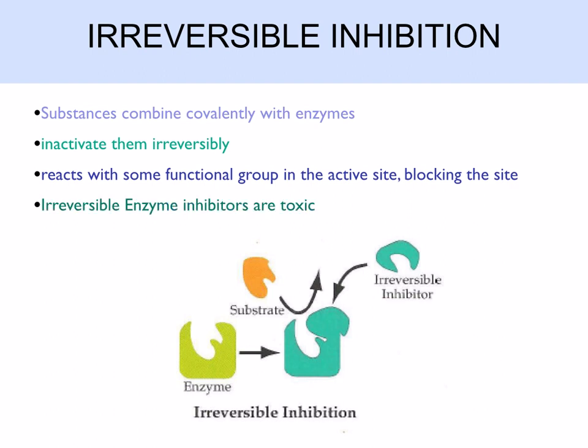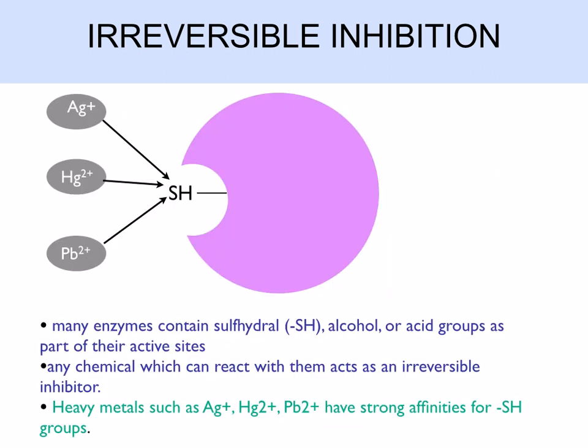Irreversible enzyme inhibitors are toxic. So what are some examples? Well, many enzymes contain a group called sulfhydryl, which is SH groups. They've also got an alcohol group, OH groups, or an acidic group on their active site.